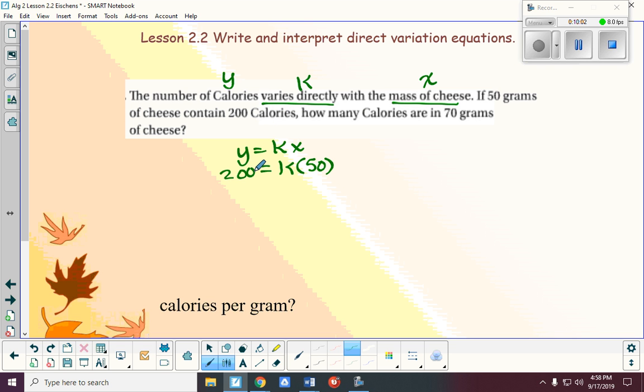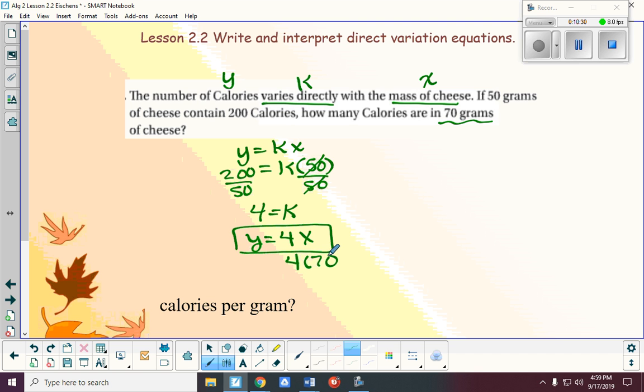And now we're able to figure out what that unit rate is, or constant of variation. So K equals 4. So the direct variation equation that expresses this relationship is y equals 4x. In the next part of the problem, it says how many calories are in 70 grams of cheese. So this is going to be your mass, so you're going for your x value. So that would be 280 calories.